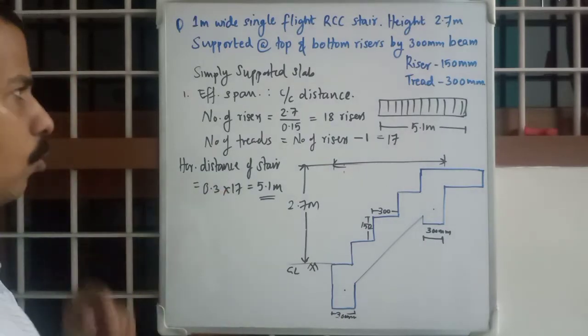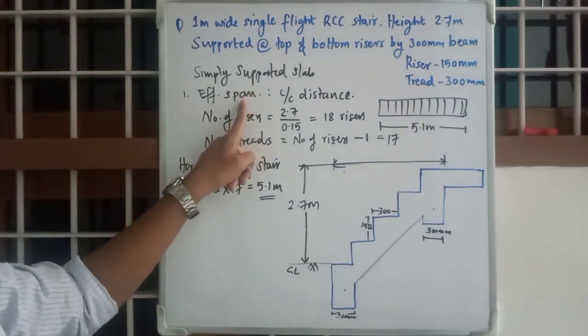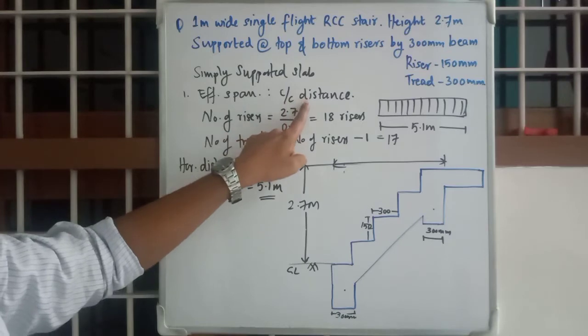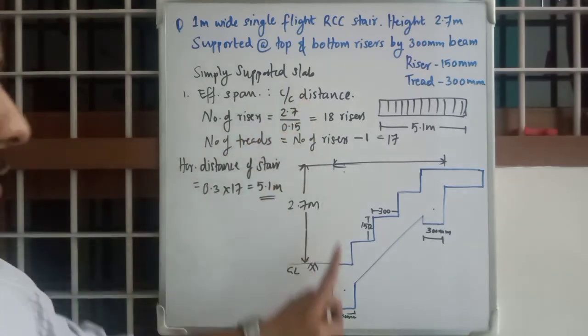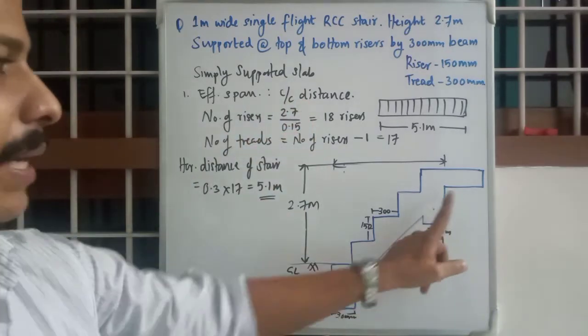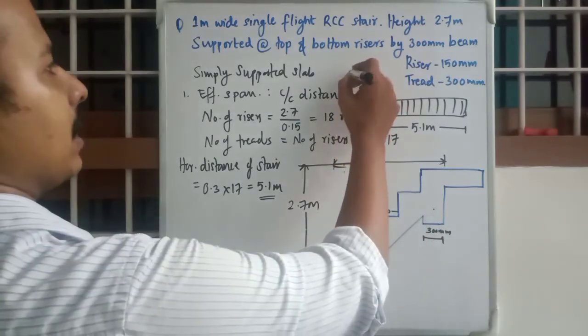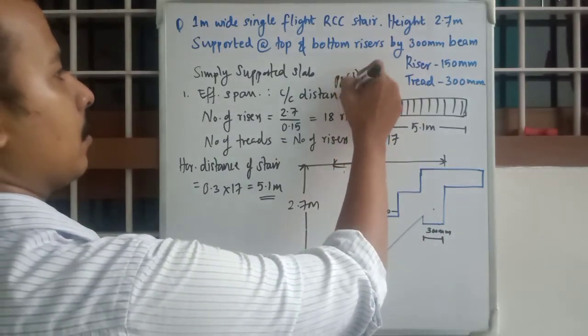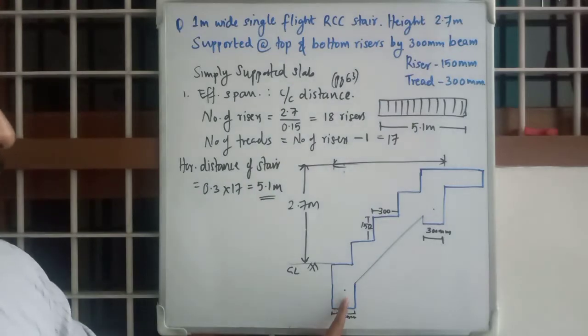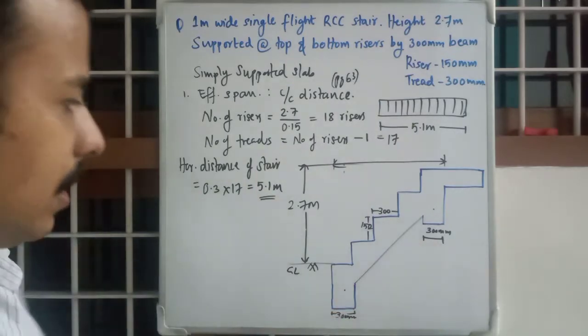Now we want to calculate effective span. Effective span is calculated by center to center distance between the supports, as on page number 63. So what is the support? 300 mm.